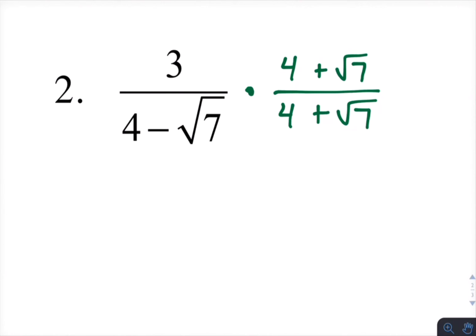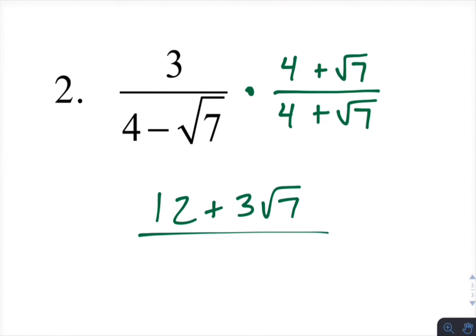So in the numerator, I get 12 plus 3 root 7. In the denominator, we would FOIL that out. So 4 times 4 is 16. 4 times root 7 is positive 4 root 7. Negative root 7 times 4 is negative 4 root 7, so they cancel out. And then negative root 7 times positive root 7 is just negative 7.